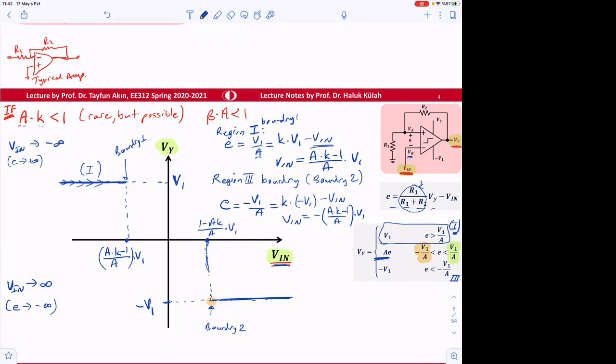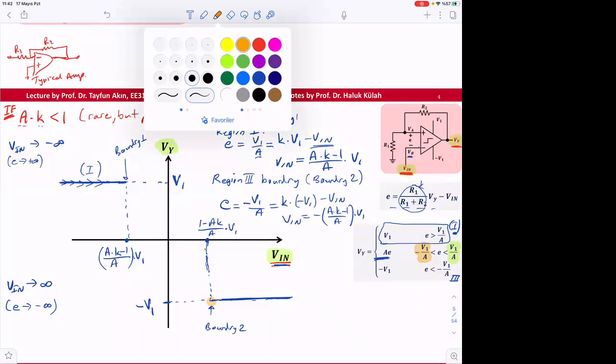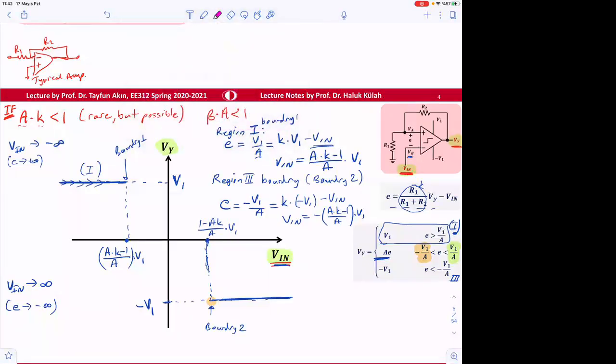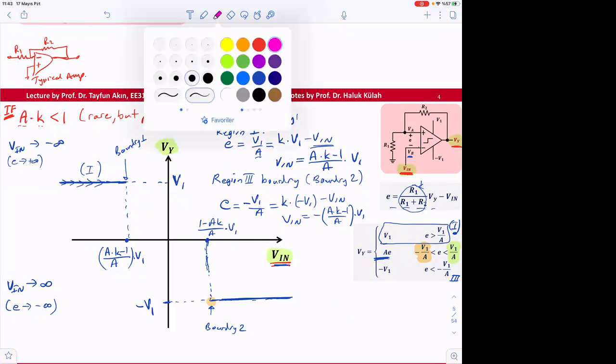Okay. And that makes sense because we said, what did we say? We said AK is less than 1. Maybe I should select a different color.